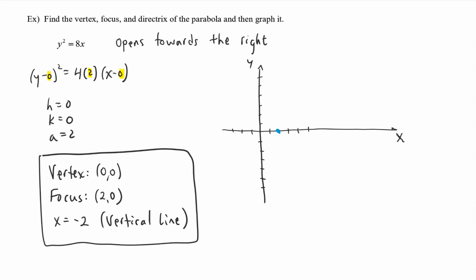Focus is at 2, 0. Directrix is at negative 2. Vertex is at 0, 0. And then if I double A, I get 4. So I'm going to go up 4, down 4. I'm going to carefully draw the shape of a parabola here. And boom, there's our parabola.